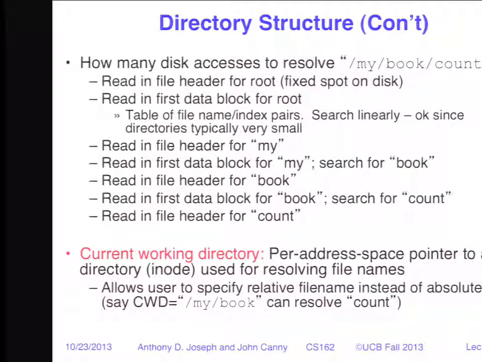So our current directory would remain the same. The data blocks would now get bigger. We'd have to have more and more data blocks to store all those entries of name to iNumber pairs. But what else would happen? Yes?